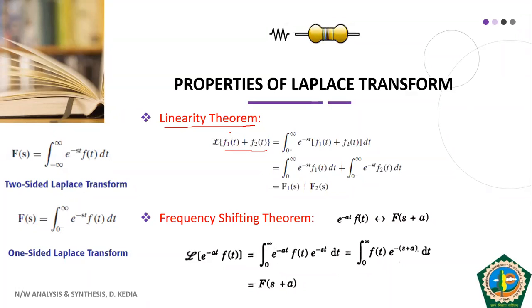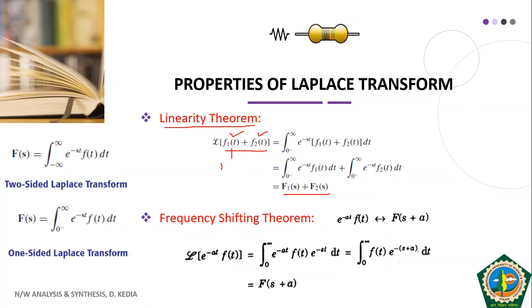If we have two functions in the time domain, f1(t) and f2(t), and we want to find the Laplace transform of the sum of those two functions, then according to the linearity property, it will be the sum of the individual Laplace transforms. Let me explain it more clearly.